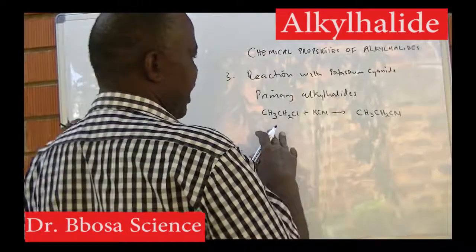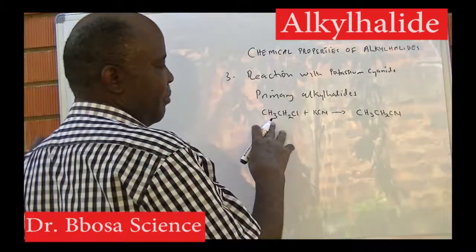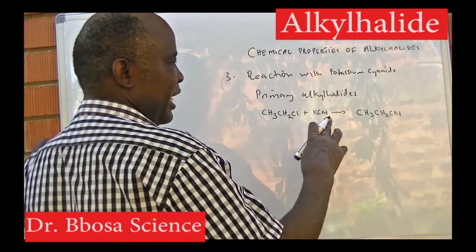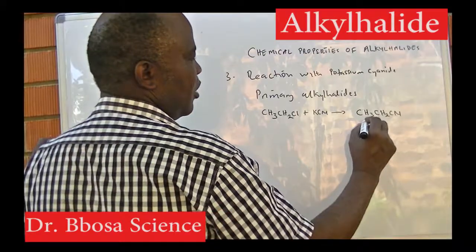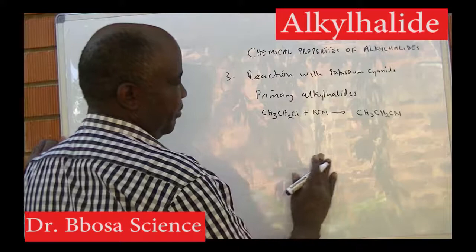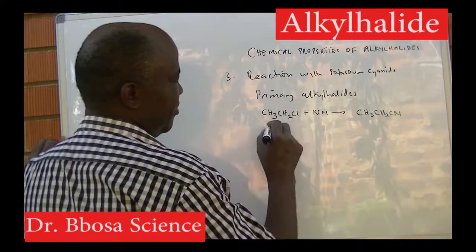Primary alkyl halide. An example: chloroethane plus potassium cyanide will get propanenitrile. Propanenitrile. Mechanism.